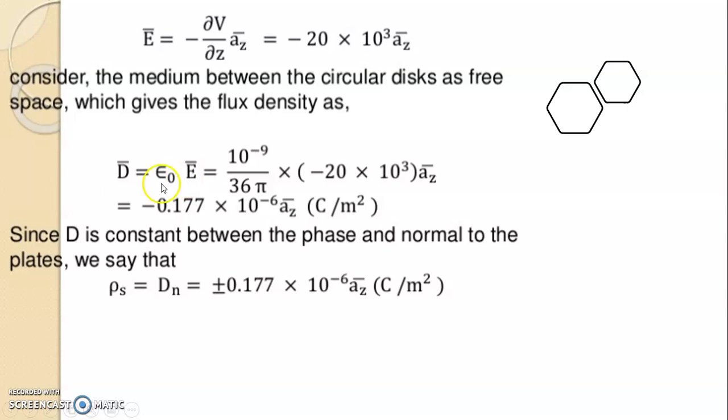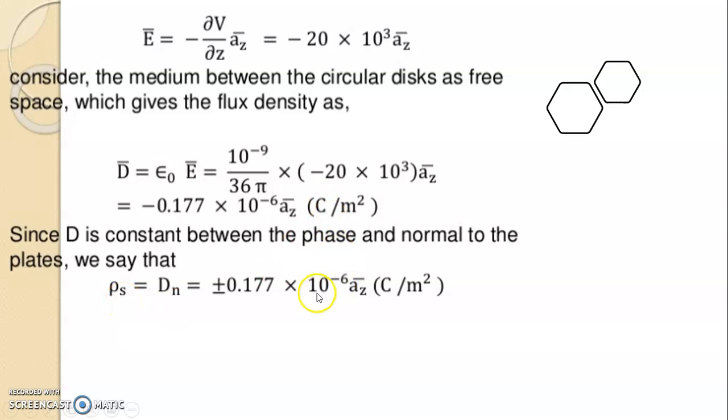This is the complete flux density. So D is constant between the plates and normal to the plates. So we have to calculate the surface charge density, written as Dn, which can be written as plus minus 0.177 into 10 raised to the power of minus 6 coulombs per meter square. This is the surface charge density which is asked in the examination question.